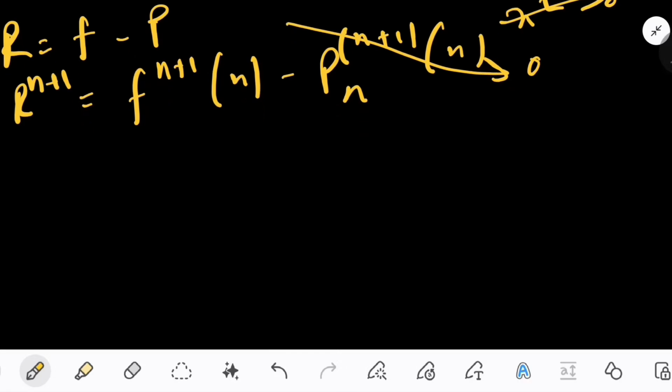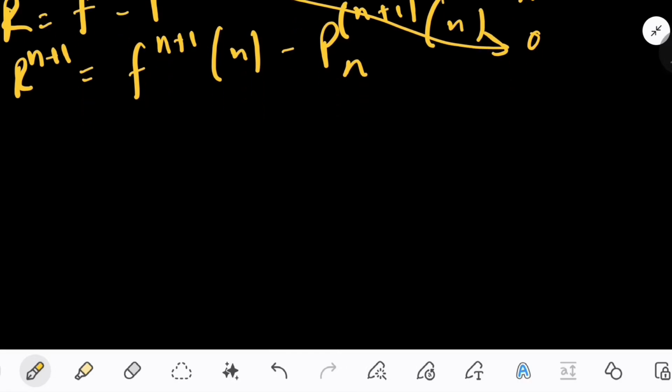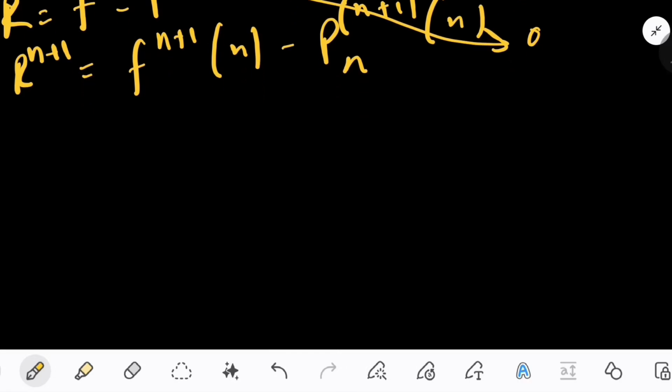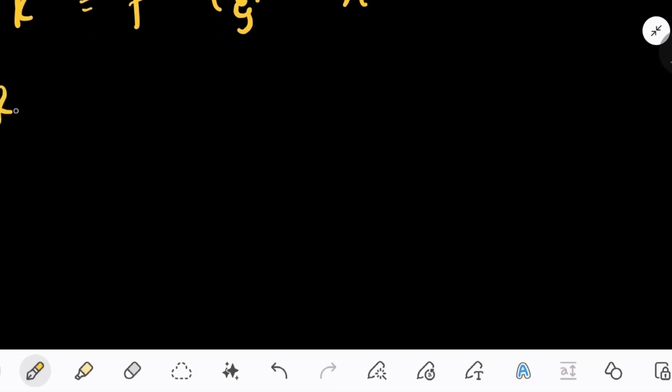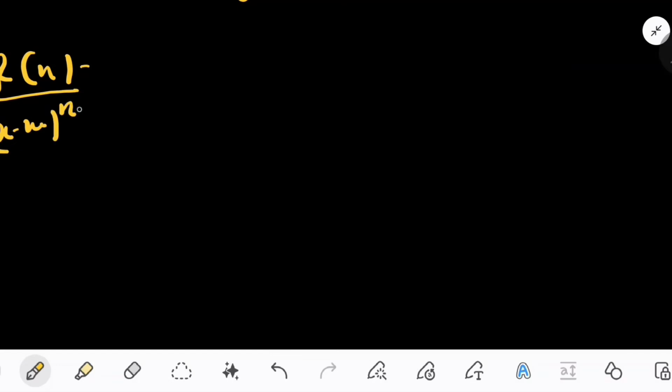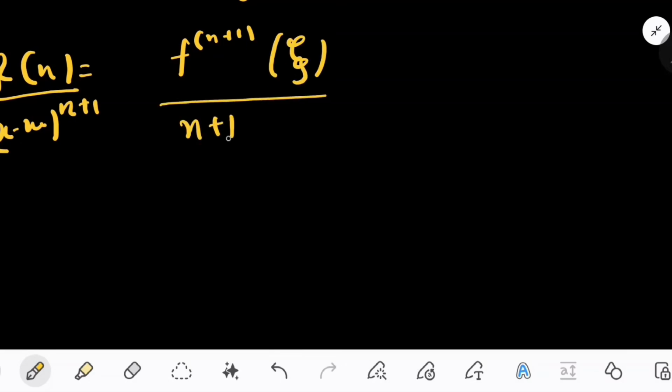Okay. Now let's see, it was psi, so let's write psi only, okay? It will be better. So you get r of x upon x minus x naught raised to the power n plus 1 is equal to f of n plus 1 derivative of psi by n plus 1 factorial.